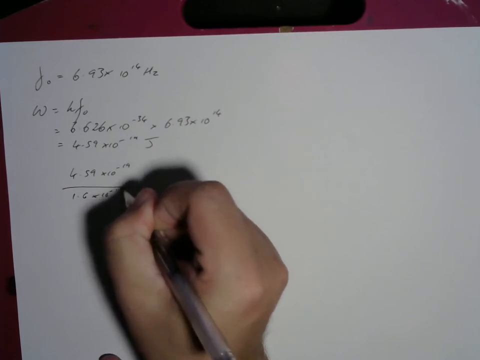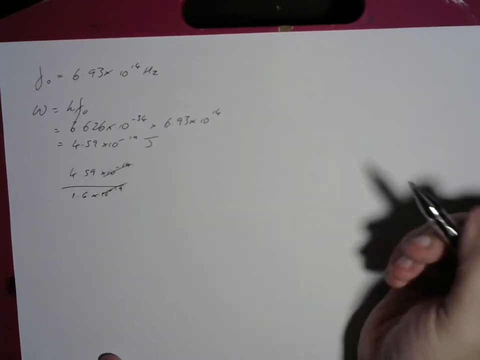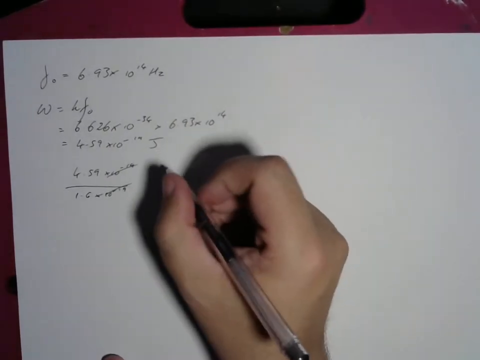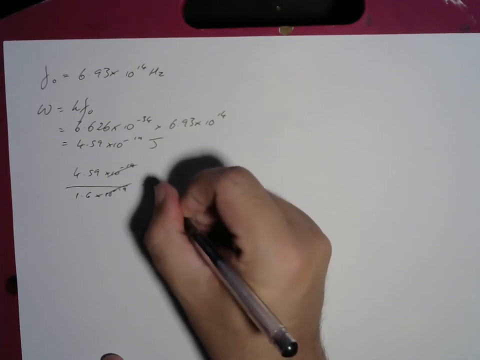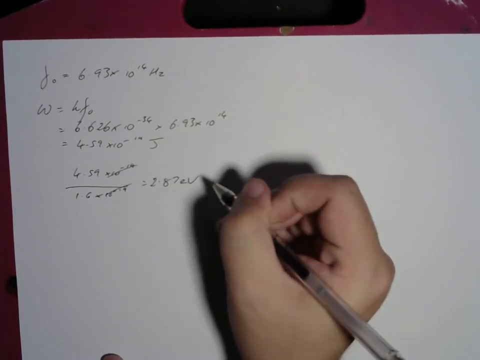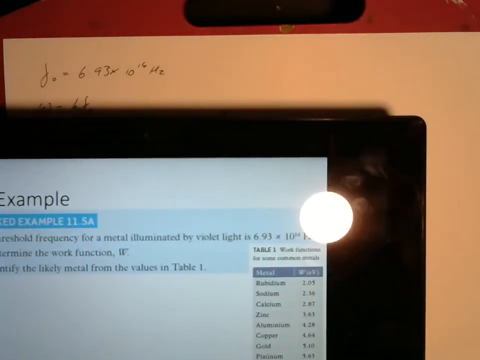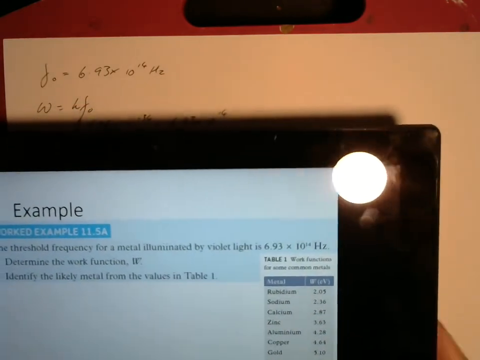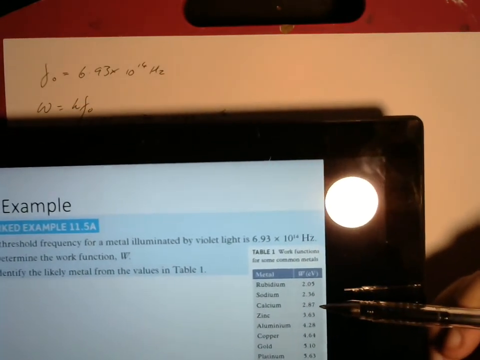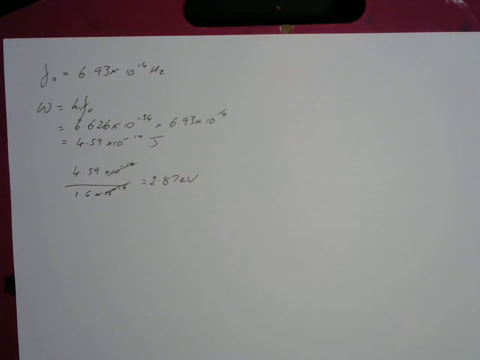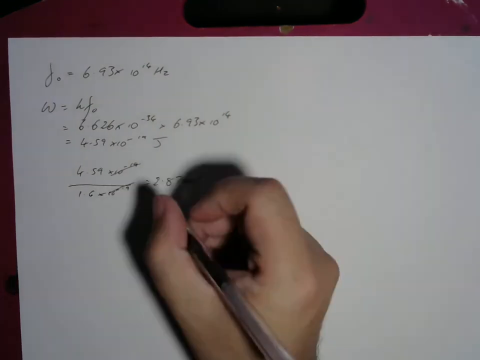Those are just going to cancel each other, so we've got 4.59 divided by 1.6, which equals 2.87 electron volts. And if we go back to our table, ignore the big light there, we can see that that matches up with calcium. Therefore, Ca.